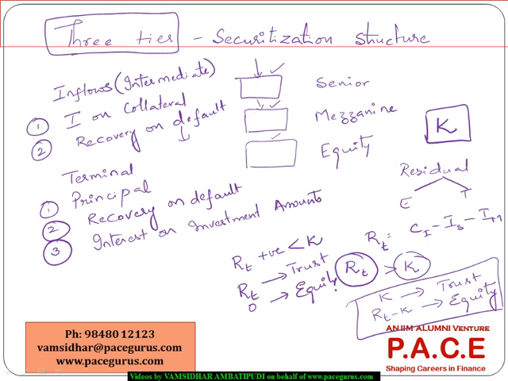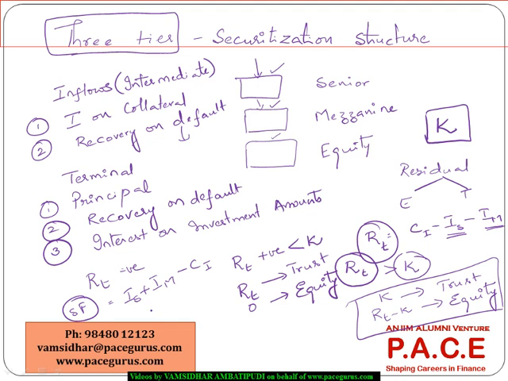The other possibility is that the residual might be negative itself, meaning it is not sufficient to cover the payments to the senior tranche as well as the mezzanine tranche. The difference, which is the interest payment to the senior tranche plus the interest payment to the mezzanine tranche minus the cash inflow that has come, is what we call the shortfall.